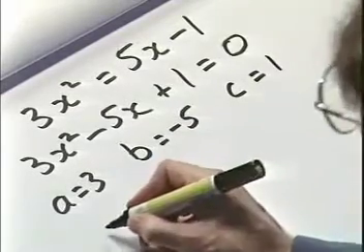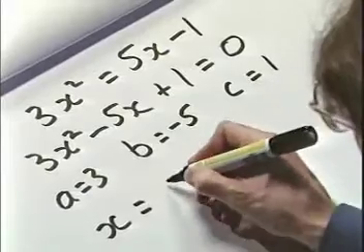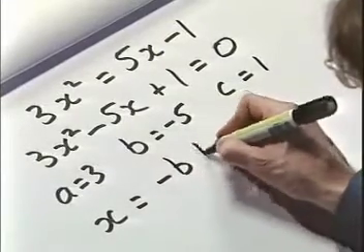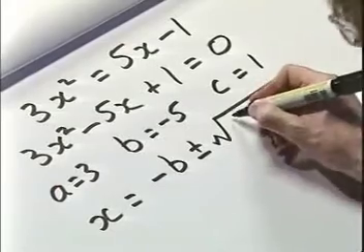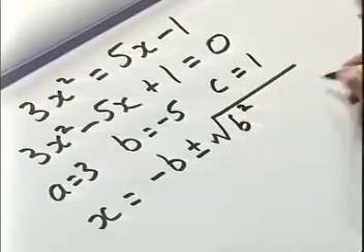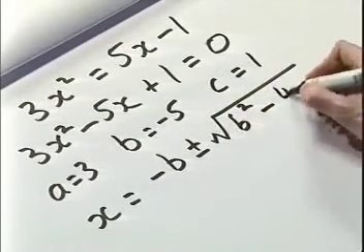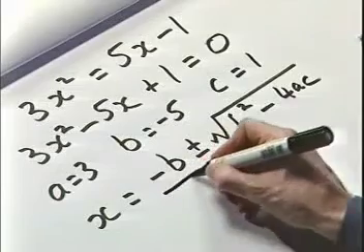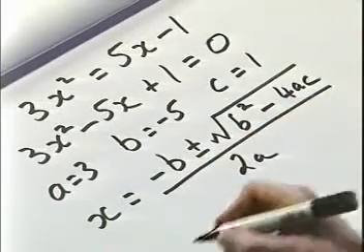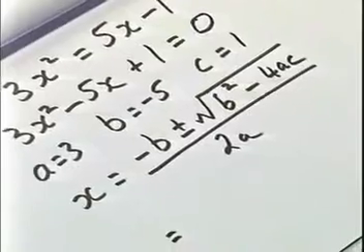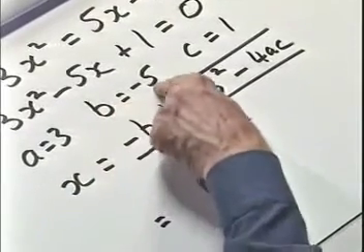Again, let's write down the equation. x is minus b plus or minus the square root of b squared minus 4ac all over 2a.